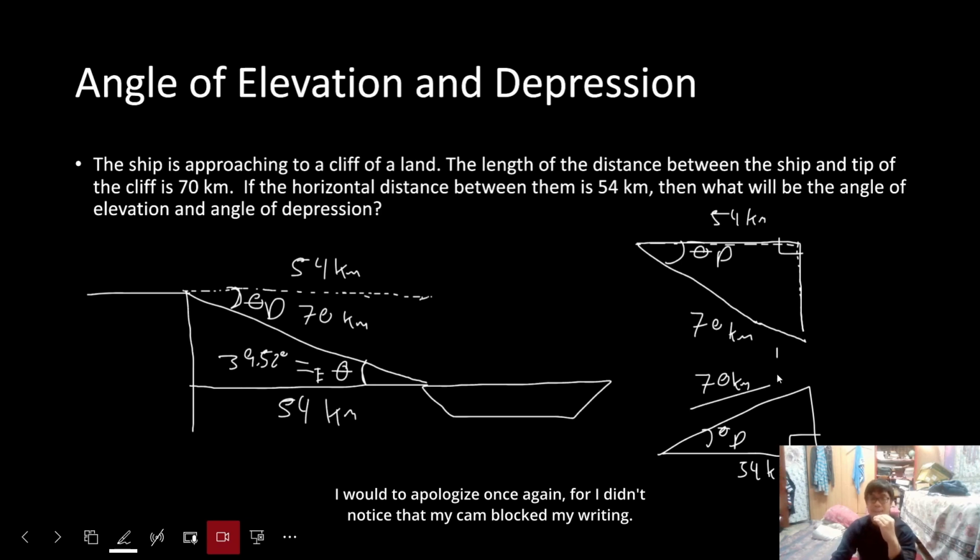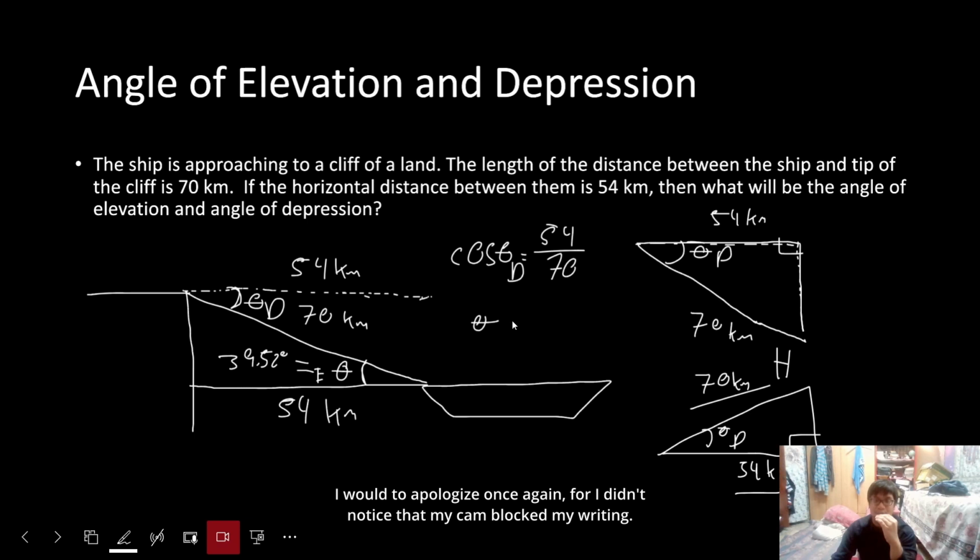Here we have the hypotenuse and 54 kilometers as the adjacent, so we're going to use cosine theta. Let's go directly to the point: cosine theta sub d is equal to 54 kilometers over 70 kilometers.